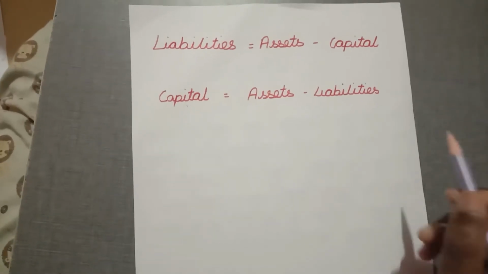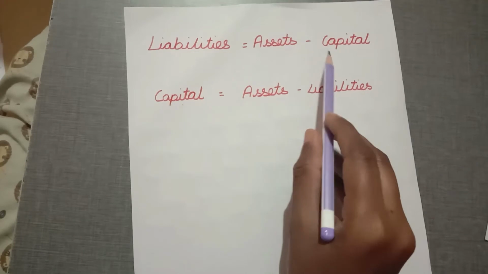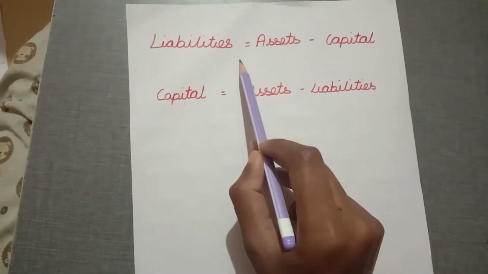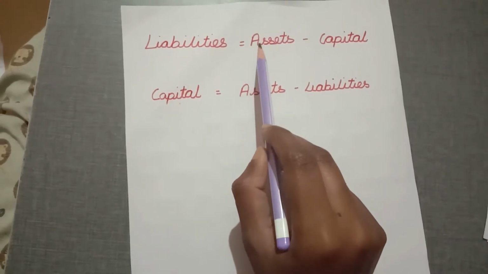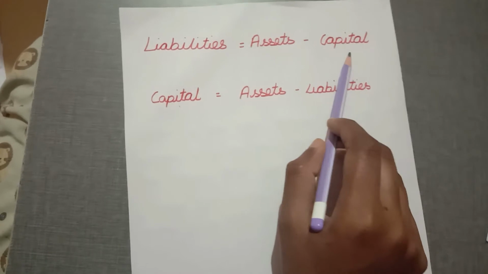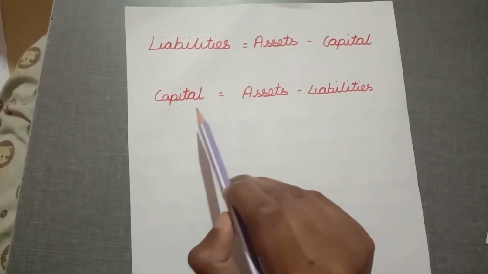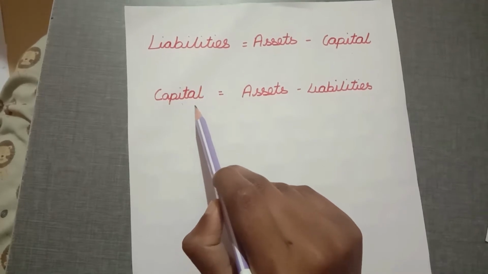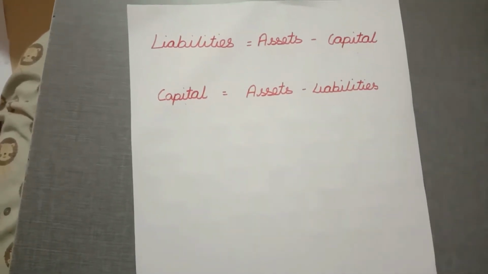There is another formula also, that is liabilities equal to assets minus capital. When we don't have the liabilities, we have to find the liability by assets minus capital. Suppose there is no capital amount found, the formula is capital equal to assets minus liabilities.